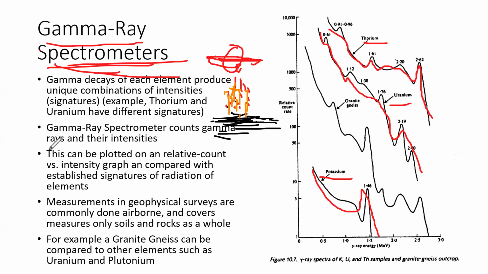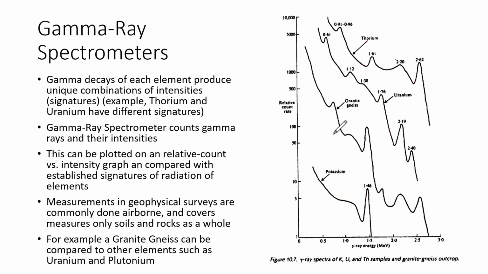Once you collect or count the gamma rays and then measure their individual energy intensities, you plot them on this chart. For example, if you have a granite gneiss area, you can eventually plot the signature of your material, and then you can compare it with the signatures of your common sources of radiation, namely thorium, uranium, and potassium.